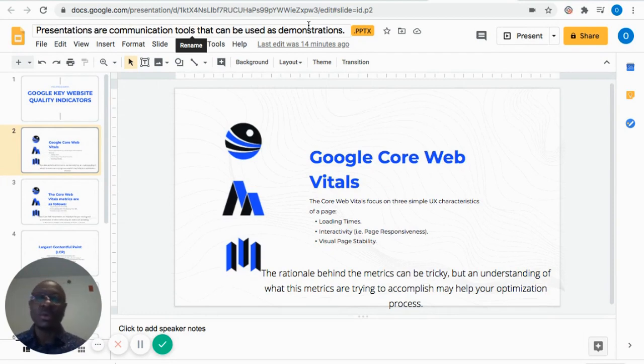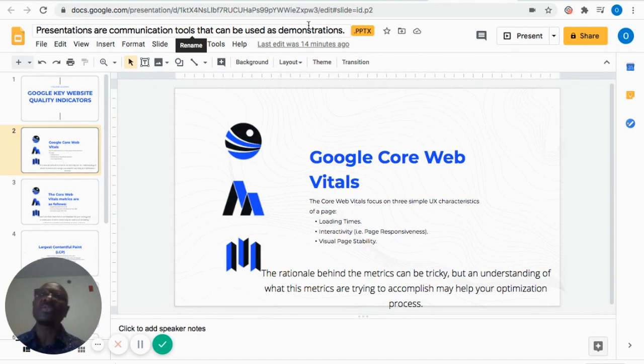Today the Google Core Web Vitals focus on simple user experience characteristics of your web page, like the loading time. Like I've said before, the loading time of your website is very, very important. It is absolutely important, because if a searcher is trying to get to your site and it's taking time to load, they are going to abandon your site and leave for another site, because there are numerous alternatives. That's why it's important that you pay attention to the load time of your web pages.